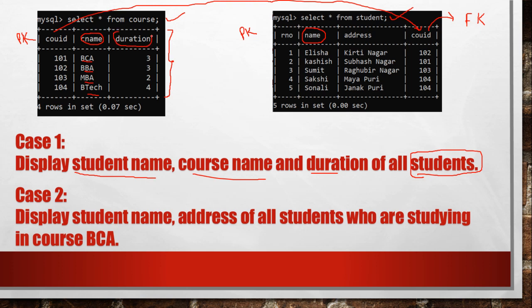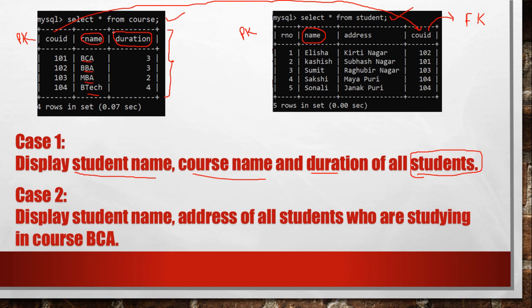So in this query we are going to see the data of two different tables, because the name field belongs to the student table, whereas the CNAME and duration fields belong to the course table. So the first situation is that when a query asks you to display data of two different tables, it is a case of join.